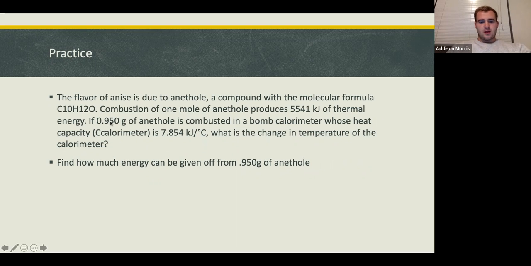So we take the grams and divide by the molecular weight. And then we multiply by negative 5,541 kilojoules, negative because it is being given off. We're trying to figure out how many kilojoules were given off by that many grams. Give you a second to do that.